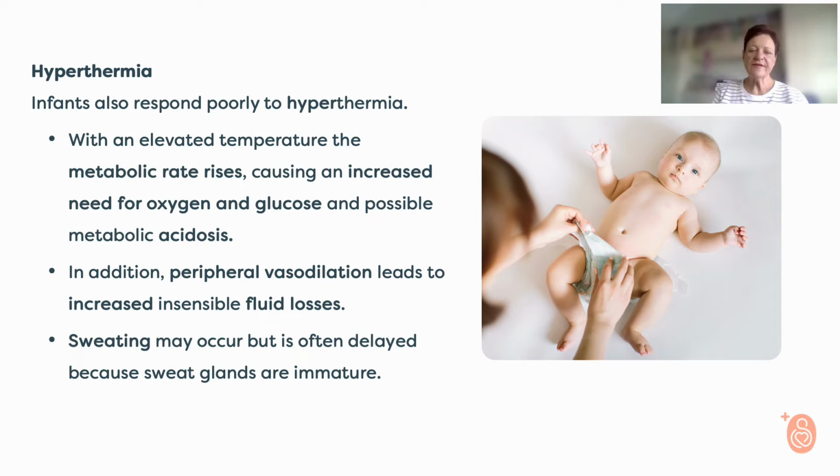The peripheral vasodilatation is, in the first place, not sufficient, but that also leads to increased fluid losses, so the baby can get dehydrated very easily. Sweating may occur, but it's usually not a normal activity, if I can call it like that, for newborn babies. So it might be delayed because the sweat glands are still immature.